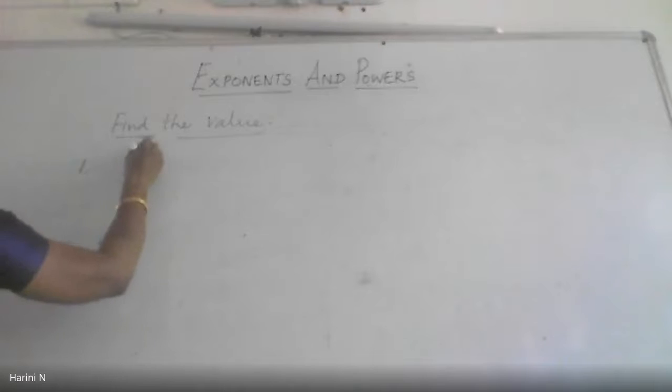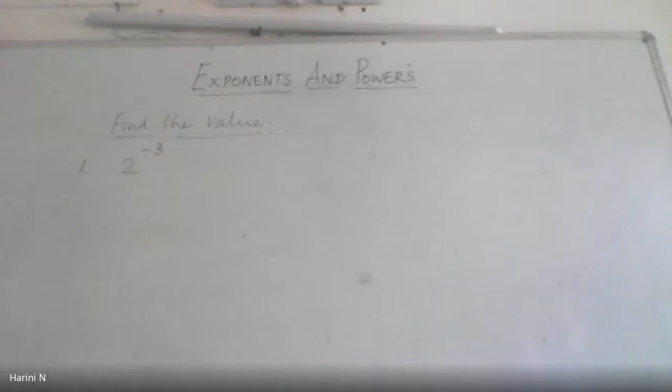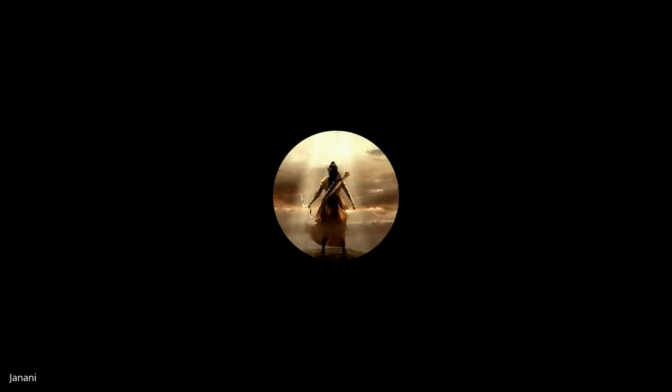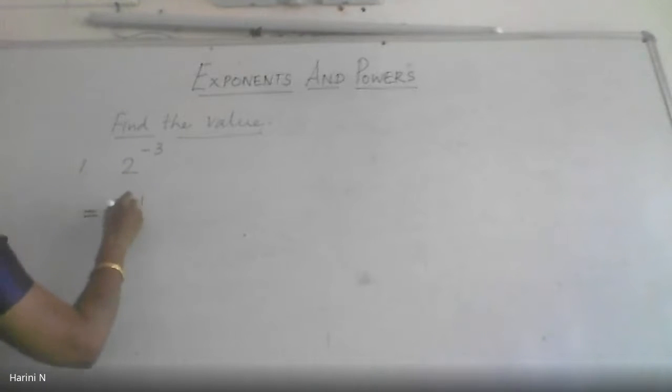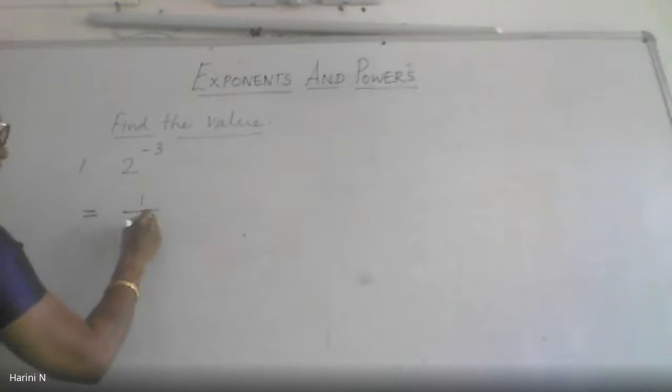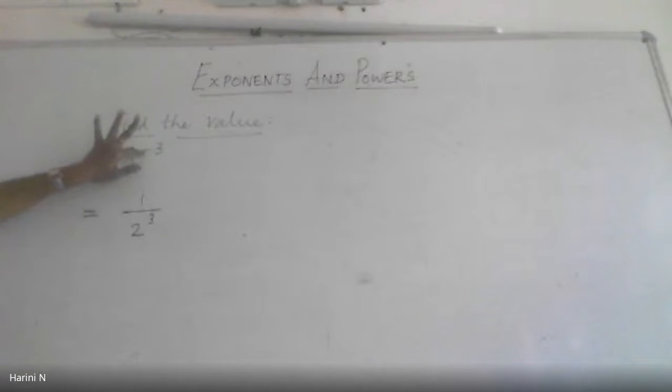2 to the power negative 3. Which law am I going to apply? The first law, a minus. The first one, because you have a negative power, definitely write it as a reciprocal first. So you will write this as 1 by 2 to the power 3. The negative power has become a positive power after you have taken the reciprocal. Clear?